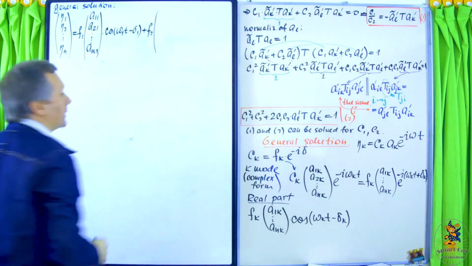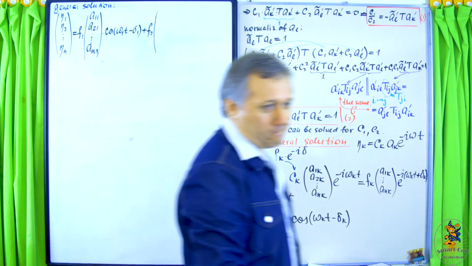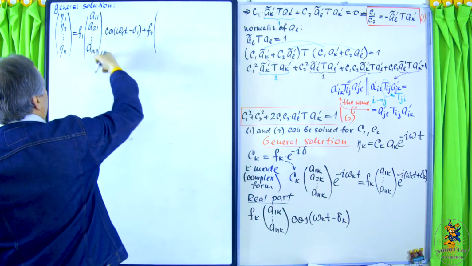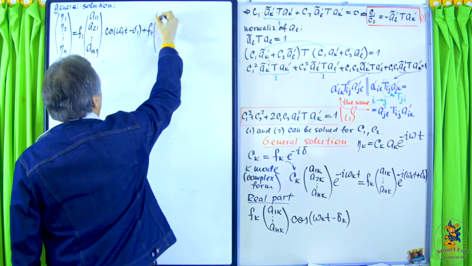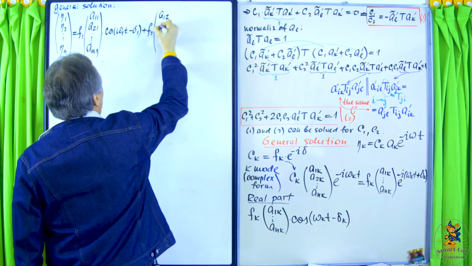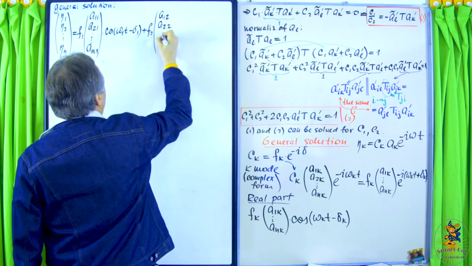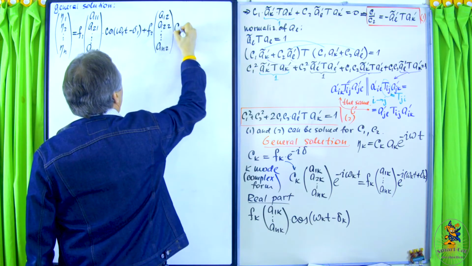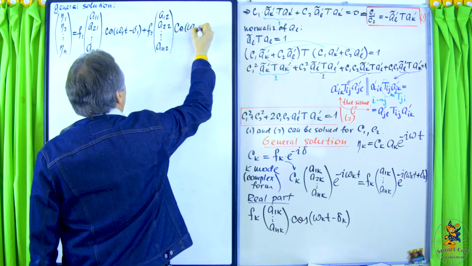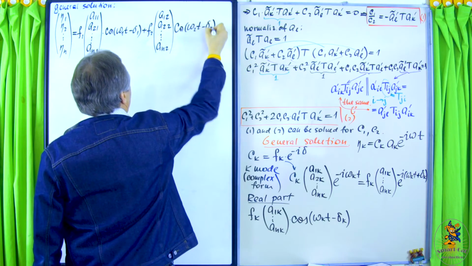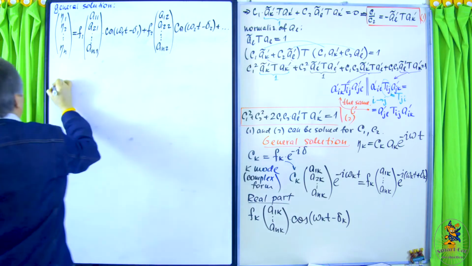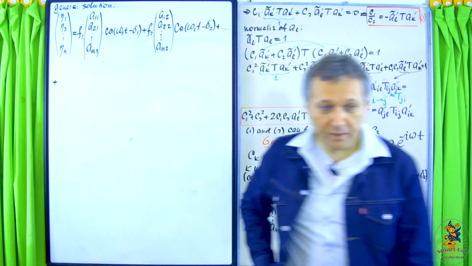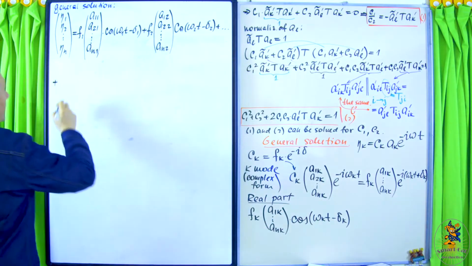F2. Let me write also the second. So it will be the same, except the second index will be 2, right? Amplitude of the first particle in the second normal mode, amplitude of the second particle in the second mode, and amplitude of the nth particle in the second mode. And time dependence cosine omega 2 t minus delta 2, plus, and so on, plus, and let me write the last term.